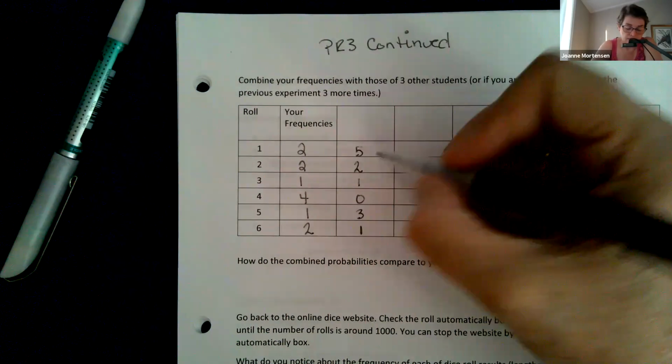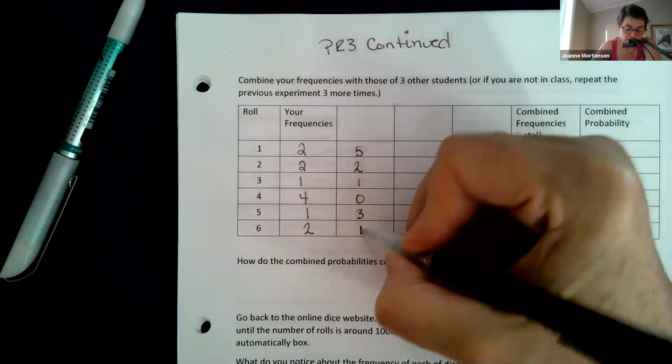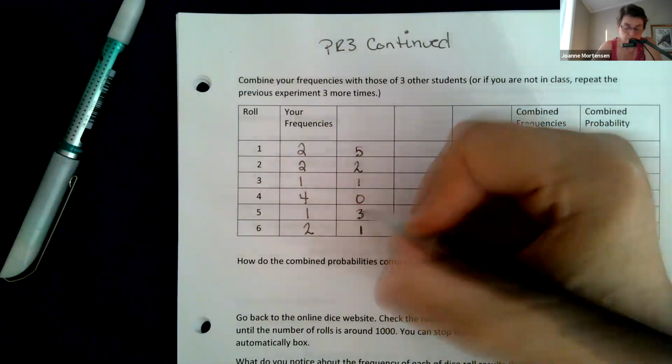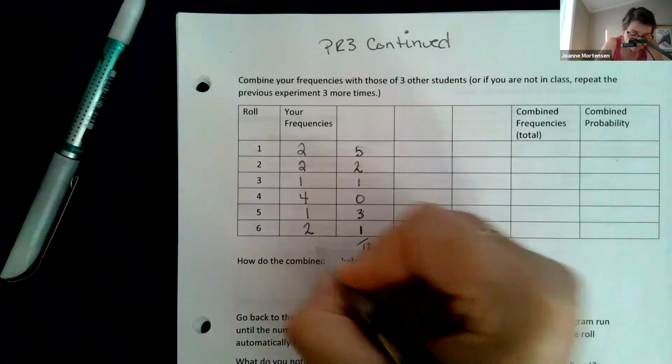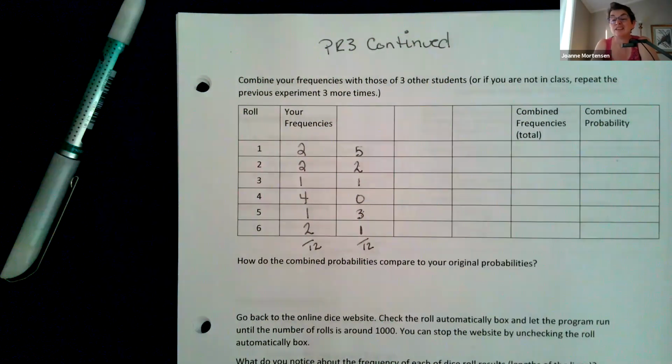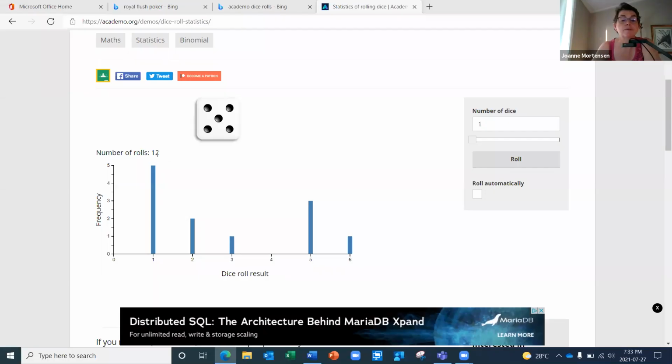So if I add this up, 5, 6, 7, 8, 9, 10, 11, 12. I just want to make sure I got it right. Truth be told, there's a 12 there.